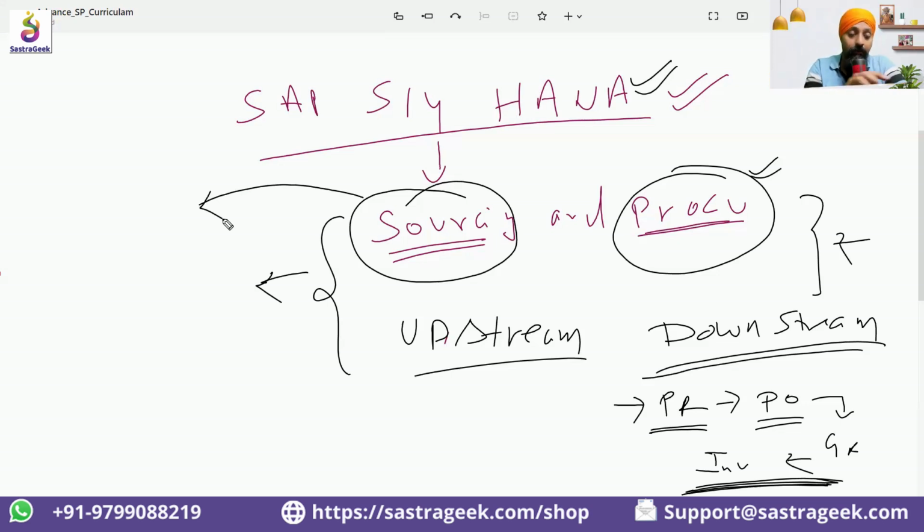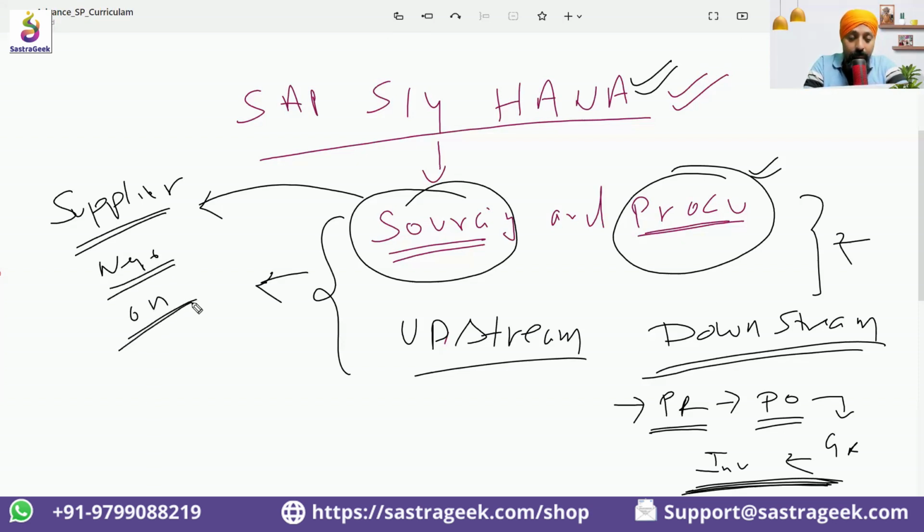So all the activities related to identifying a supplier, negotiating with the supplier, onboarding a supplier, setting up the rates and prices, at what price he would be supplying, at what norms he would be offering, whether he has all the certifications or not. All the things like negotiating with the supplier, onboarding a supplier, and making sure the supplier delivers decent quantities and decent quality come under sourcing.